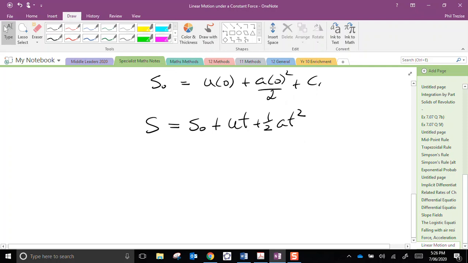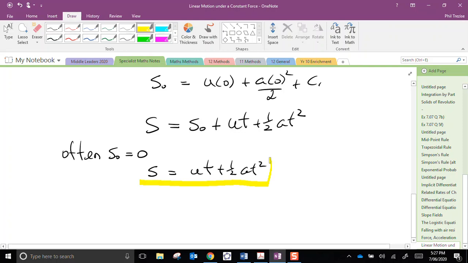Now that's probably not what you saw in physics class. This is not mandatory, but often S0 will be chosen to equal 0. In other words, often we will set the origin of our number line at the place where the moving object begins from. And if that's the case, then it just becomes s equals ut plus 1/2 at squared.